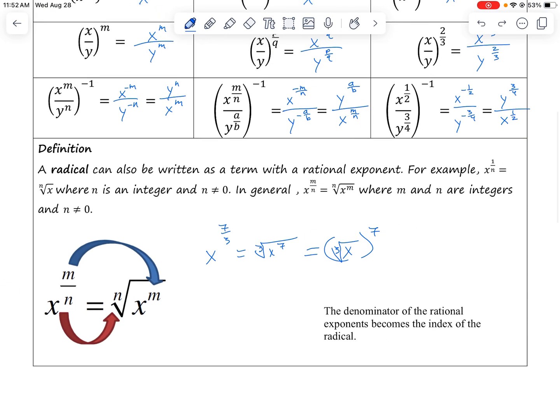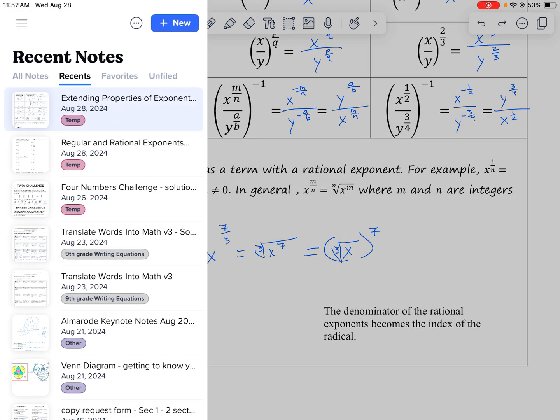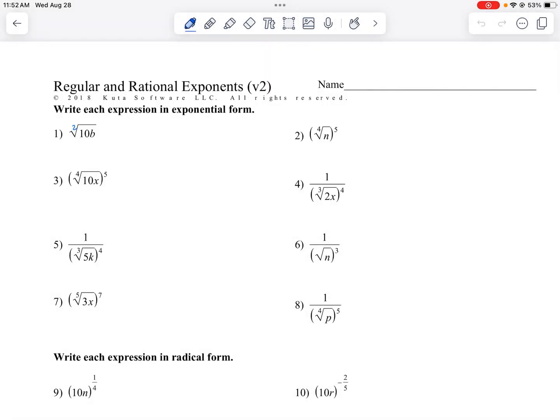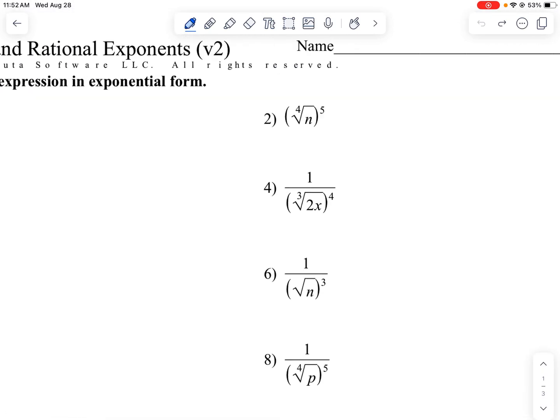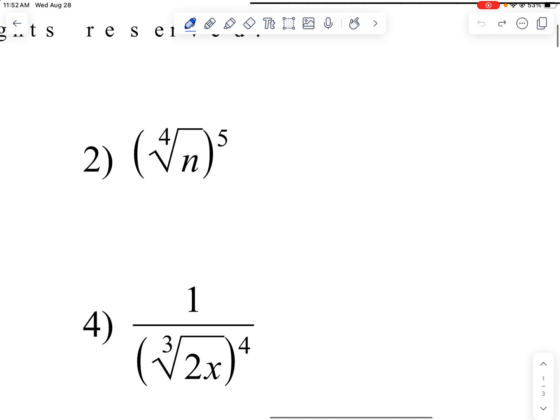So let's look at the practice assignment, which is called regular and rational exponents. In the first two sections, we're just converting between our two different formats. So if I look at number 2 here, I have the 4th root, 5th power, so I'm going to get n to the 5/4 power.